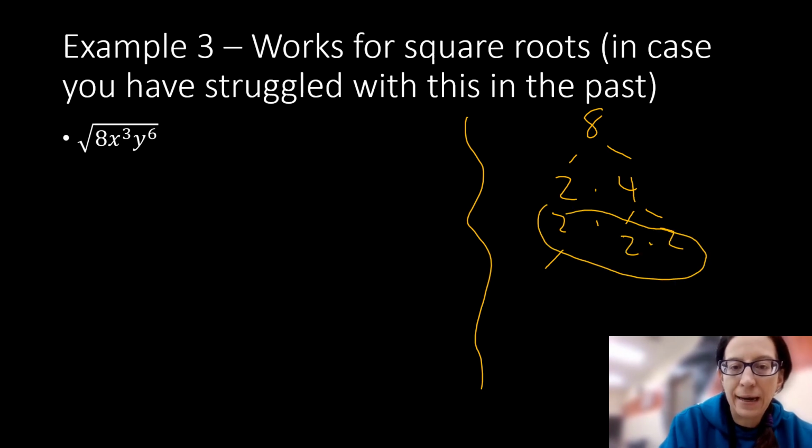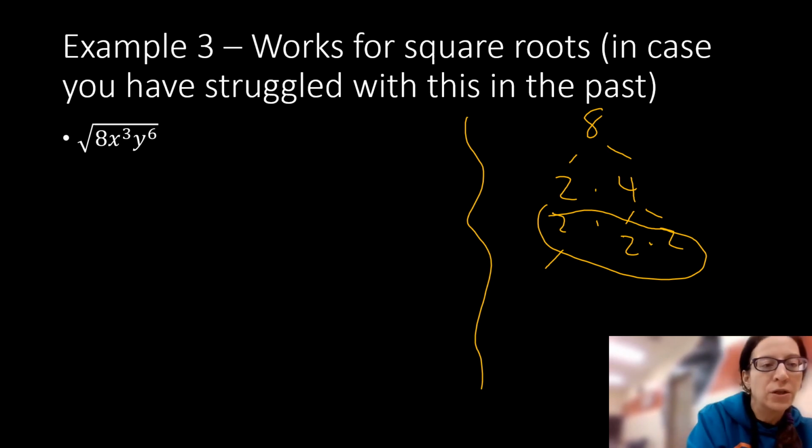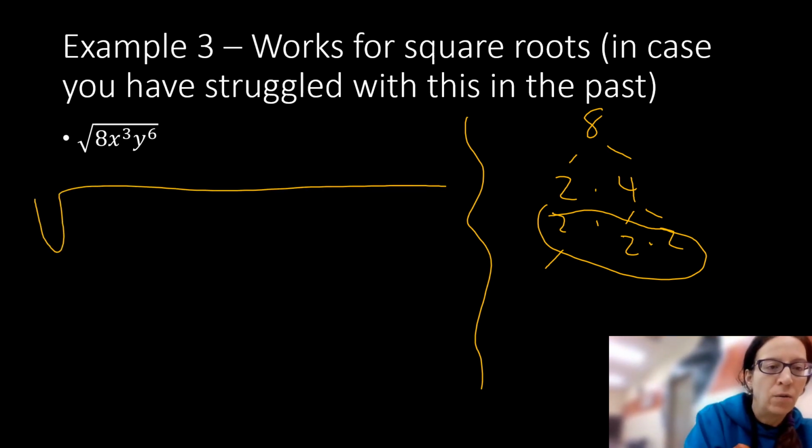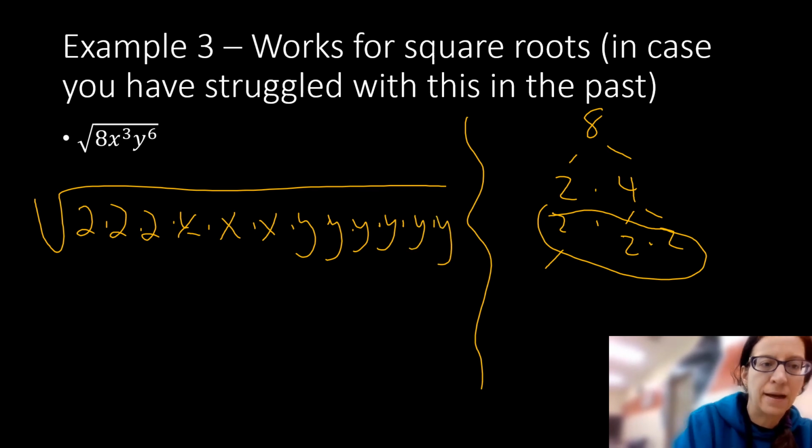And so 8 is 2 times 2 times 2, which we've seen before because 8 is a perfect cube. Okay, so over here we will have 2 times 2 times 2, and then x times x times x, and then 6 of these, 1, 2, 3, 4, 5, 6.